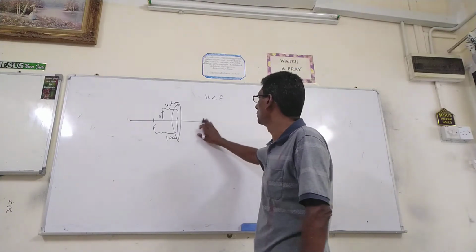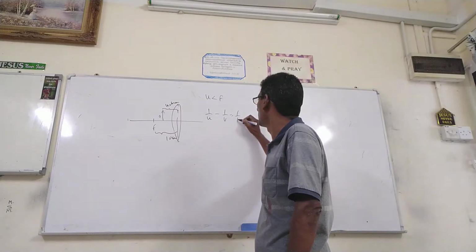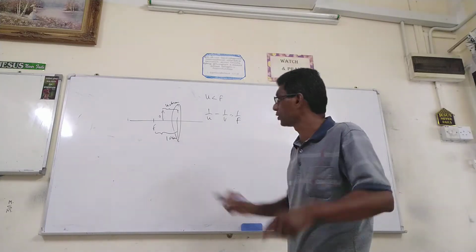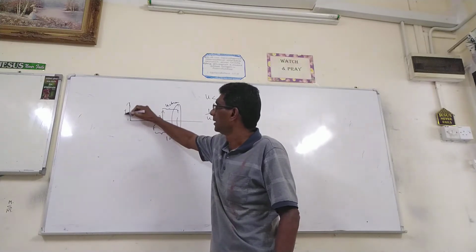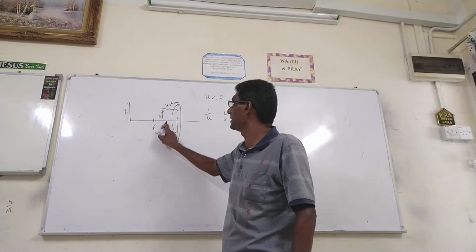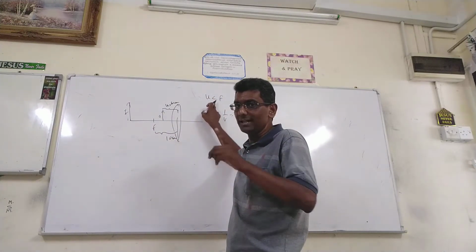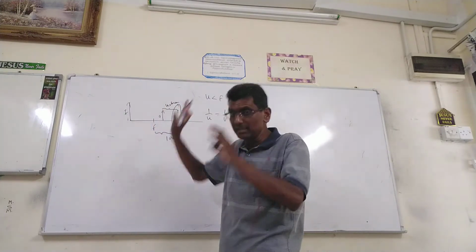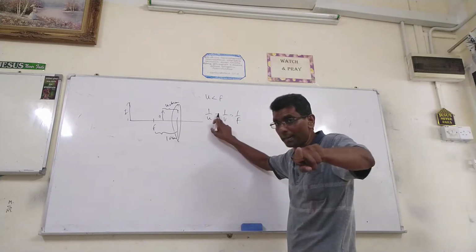So the formula we use is 1 over u minus 1 over v equals 1 over f. Minus, because the image is virtual, on the same side. When u is less than f or u equals f, the image is on the same side, upright, and the formula is minus, not plus.